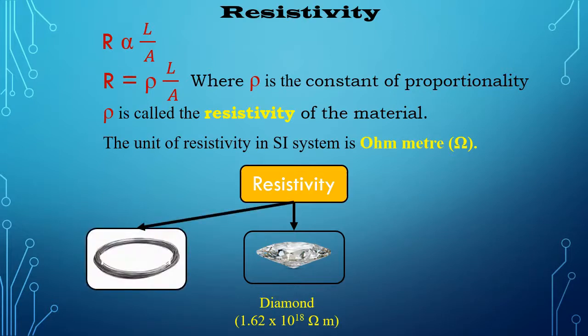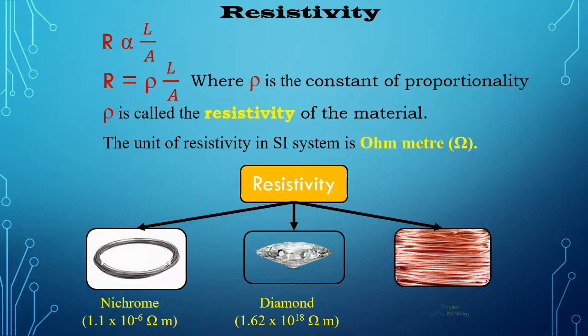Resistivity of nichrome is 1.1 into 10 raised to minus 6 ohm meter, and resistivity of copper is 1.7 into 10 raised to minus 8 ohm meter. Copper has a lower resistivity and is a better conductor of electricity. The unit of resistivity in SI system is ohm meter.